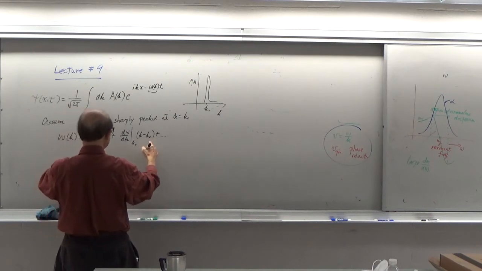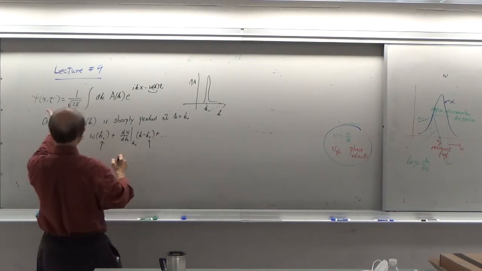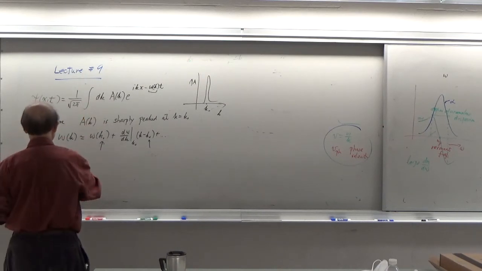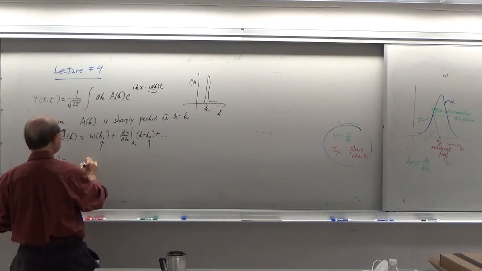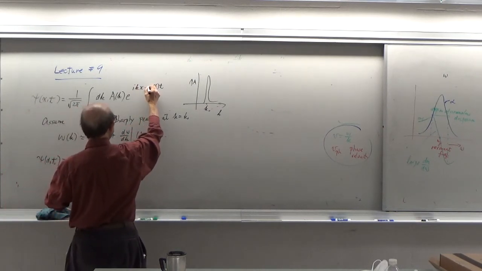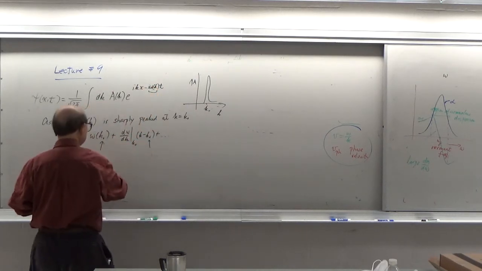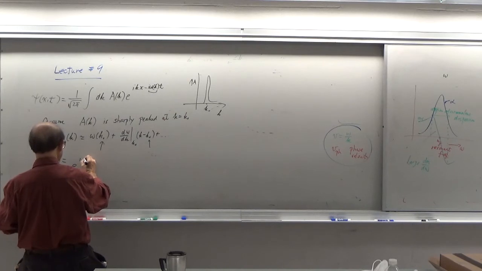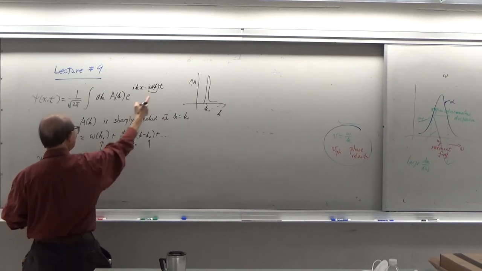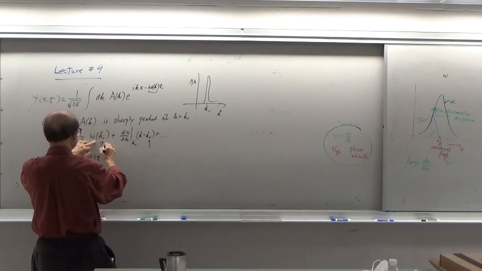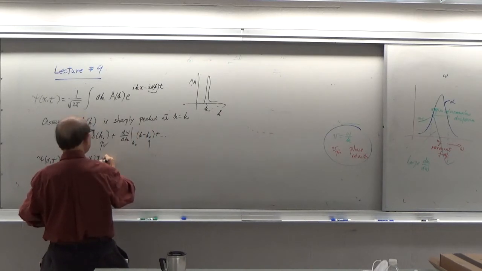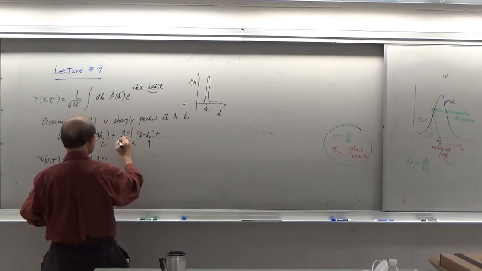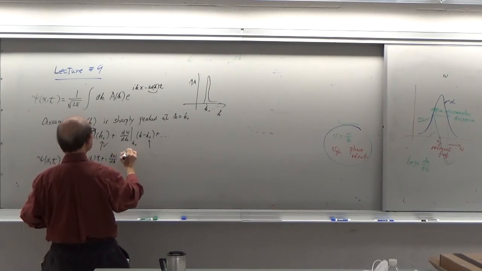So psi of x and t will be equal to, this minus this, e to the i omega at k naught times time. So this takes care of this. And then this one is minus plus i d omega by dk at k naught times time.